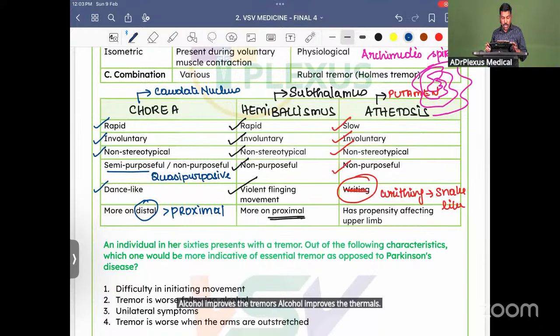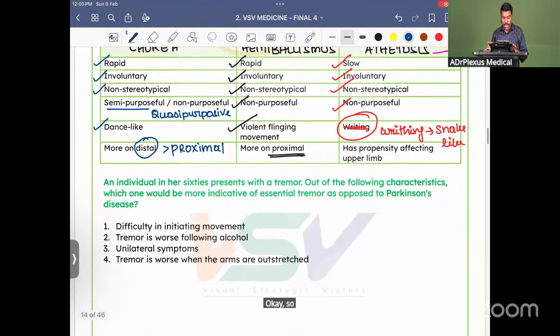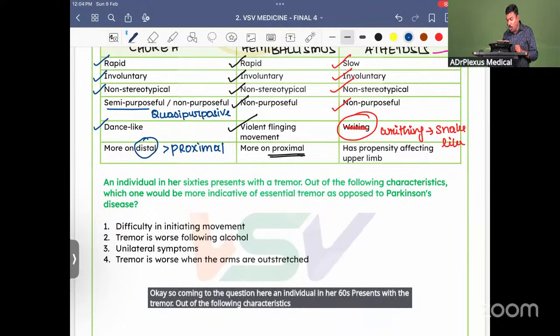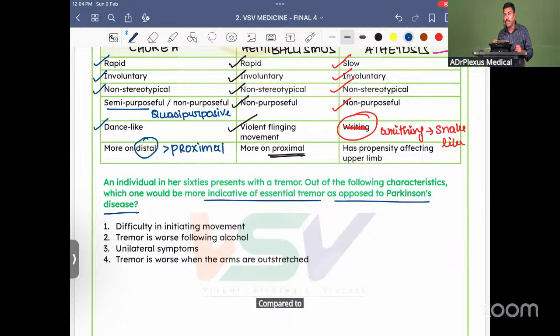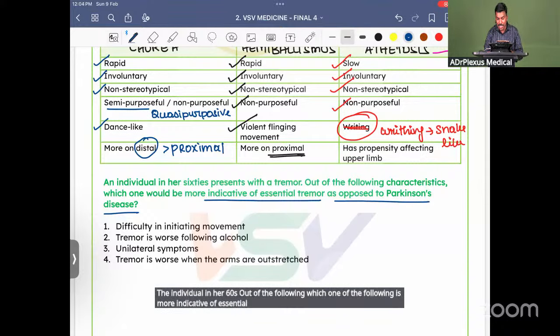Coming to the question here: an individual in her 60s presents with a tremor. Which one of the following characteristics is more indicative of essential tremor as opposed to Parkinson's disease?